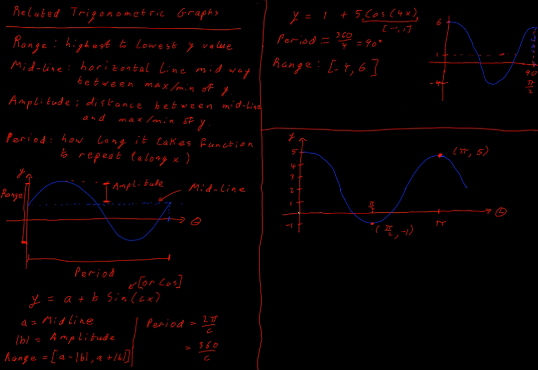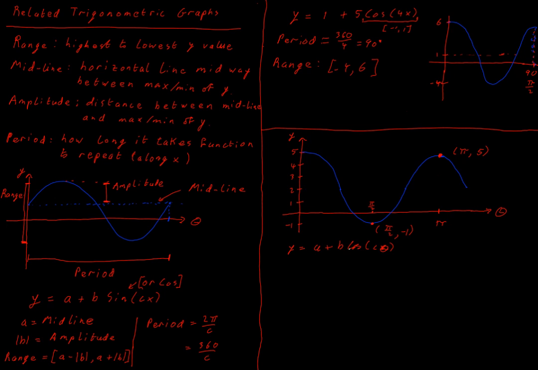So when theta is 0, we're at our maximum. That tells me I have a cosine type function. So I immediately know I have y is equal to a plus b cos c, and I'll put in theta this time. I already know from the shape of the function that that's what I'm talking about.